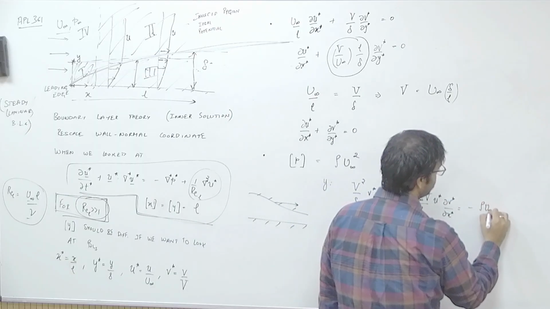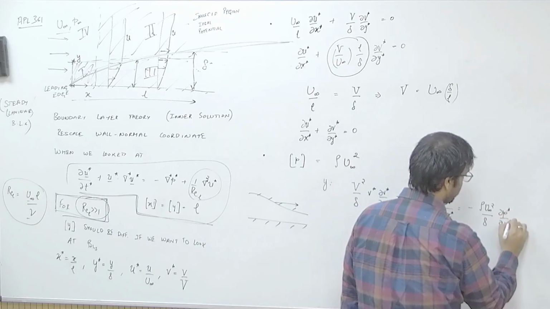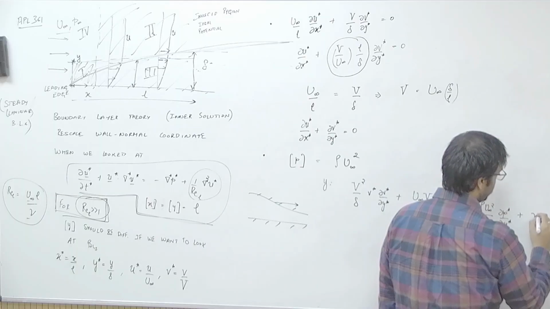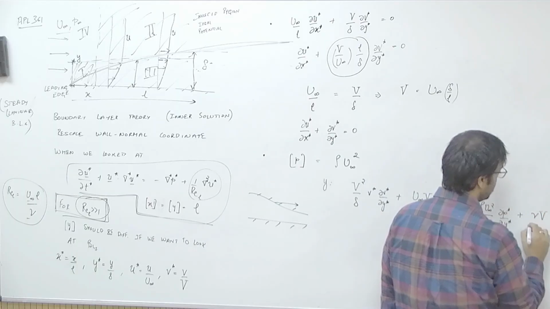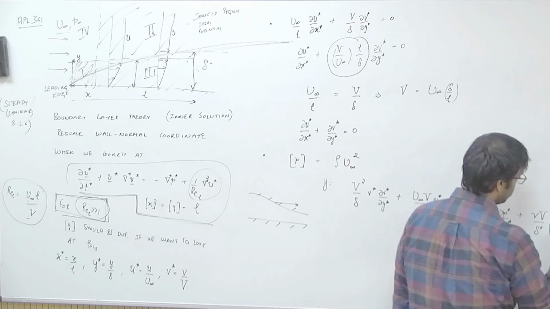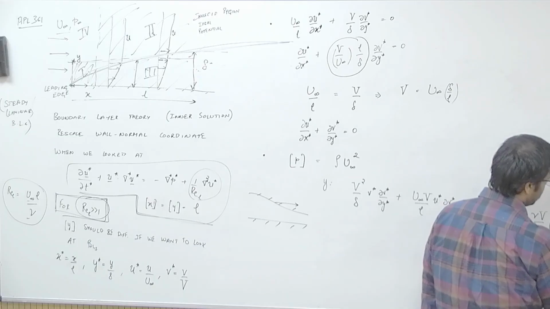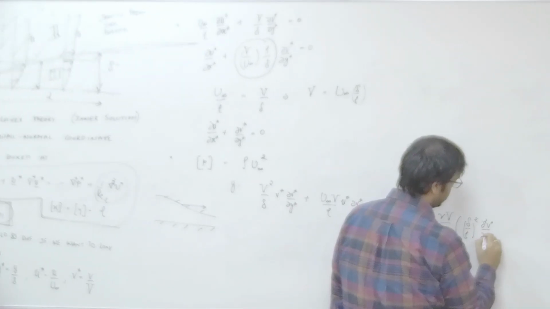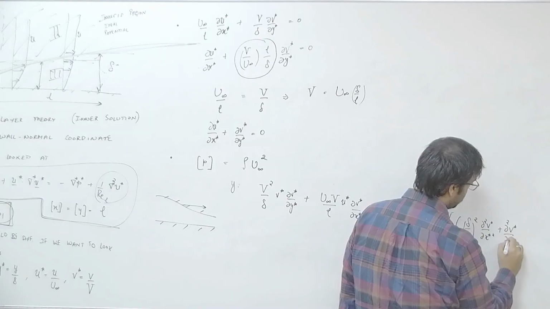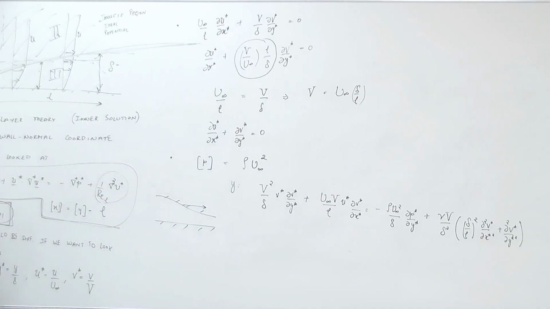So we have rho U infinity squared over delta, del p star over del y star, plus now we have viscosity times, let's say, capital V over, let's take delta squared, then we will have delta over L whole squared, del 2 V star over del x star squared plus del 2 V star over del y star squared.